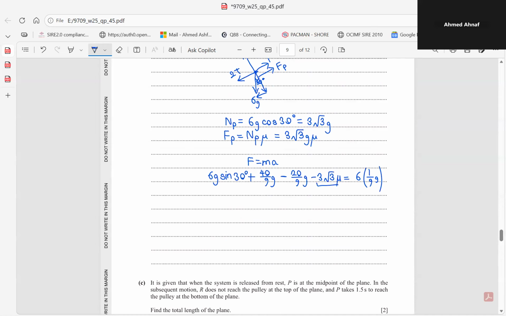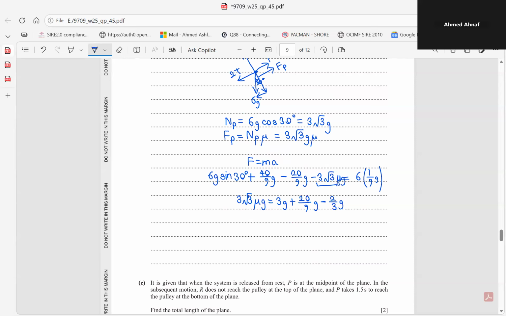Now we're just going to move this over. So 3 square root 3 mu g is going to be 6g sine 30, 6 times sine 30, so it's going to be 3g, plus 20 over 9g, minus 6 over 9g, just 2 over 3g.